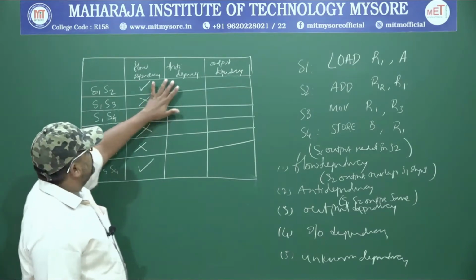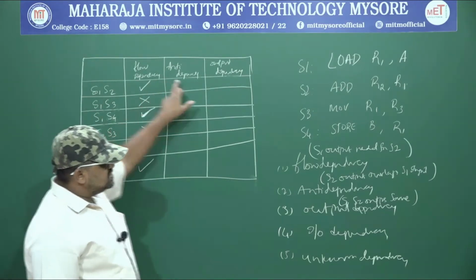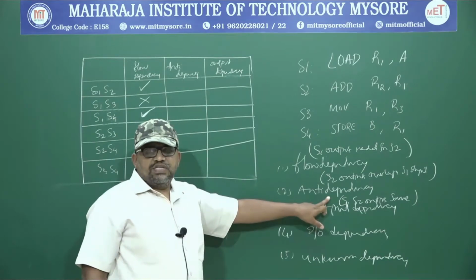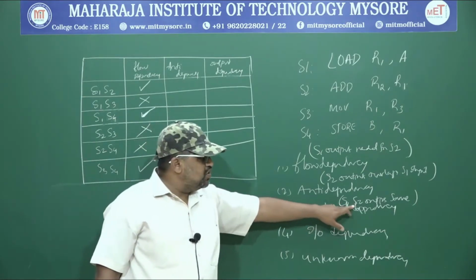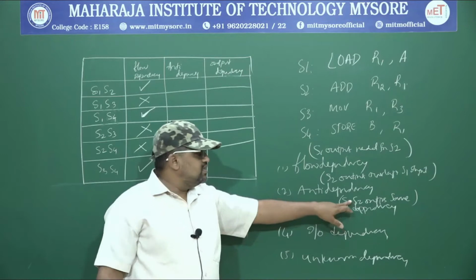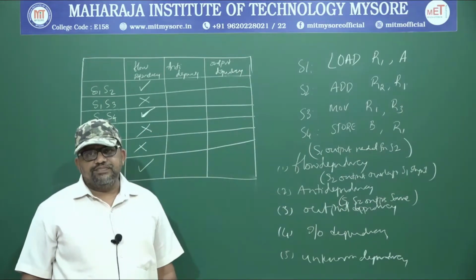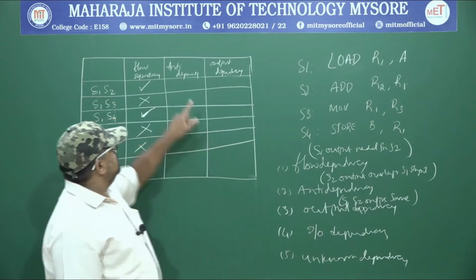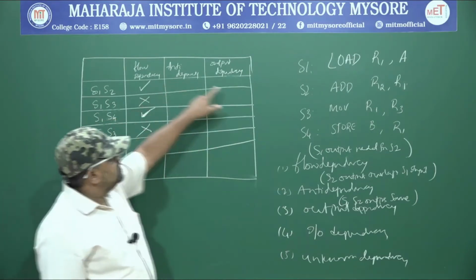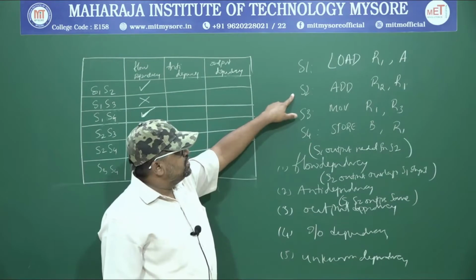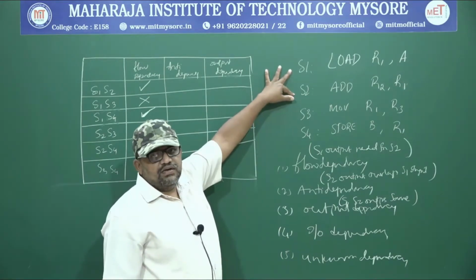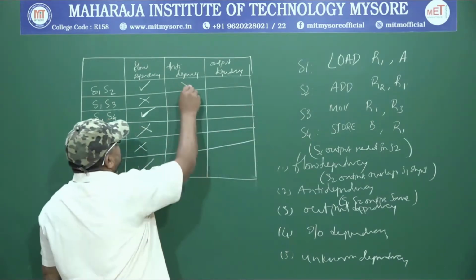Now similarly, if you look into the anti-dependency, what does the anti-dependency say? S1 and S2 should be in sequence and the S2 output should overlap the S1 input. Clear with this? Now coming to S1 and S2, does the output overlap here? No, it doesn't.